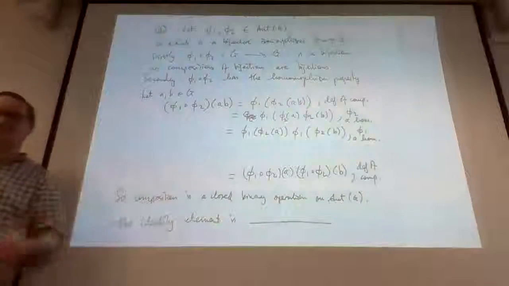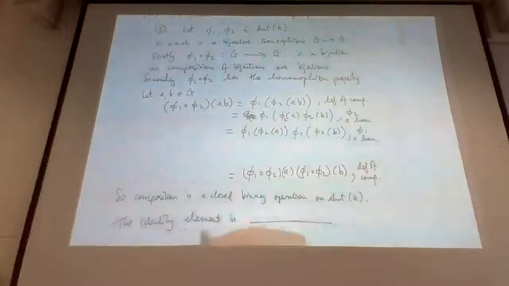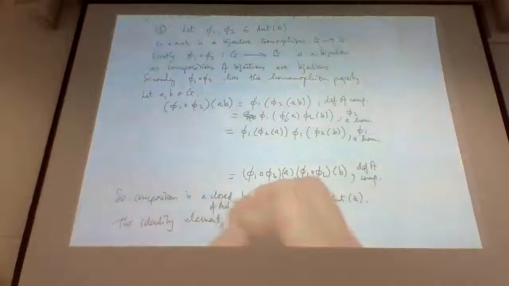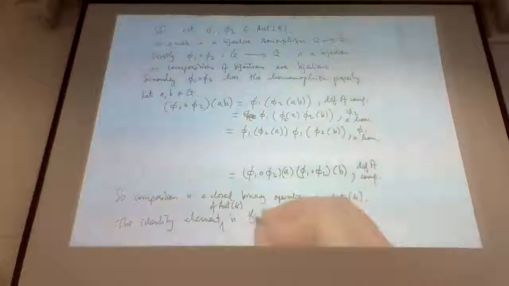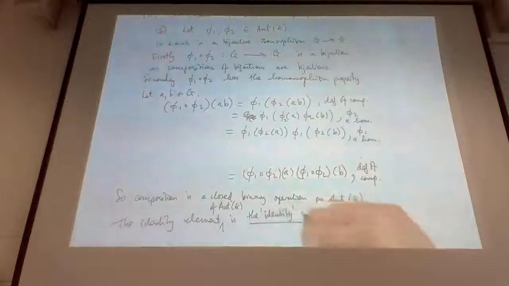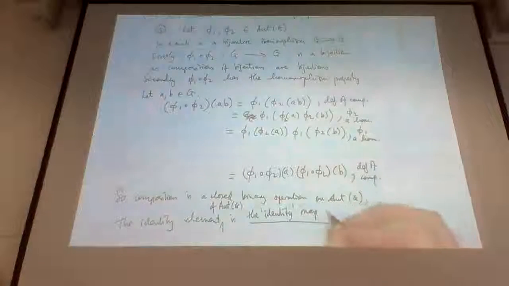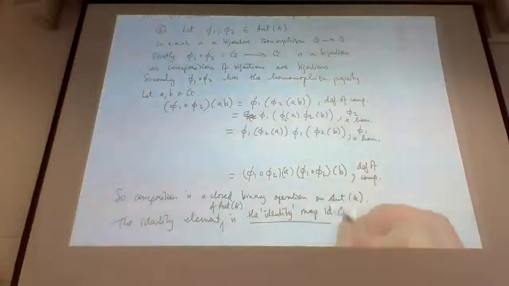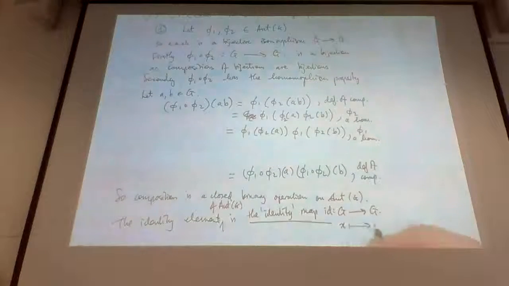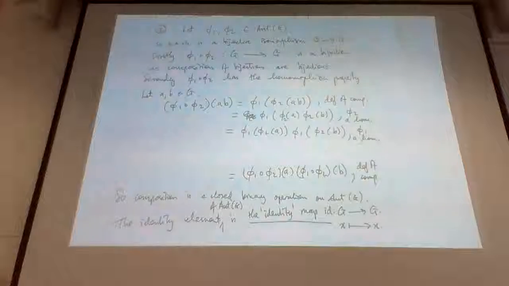So the identity element of Aut G is the identity map, ID from G to G, defined by x goes to x.